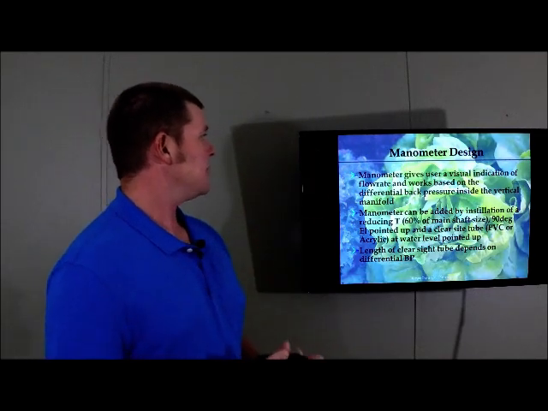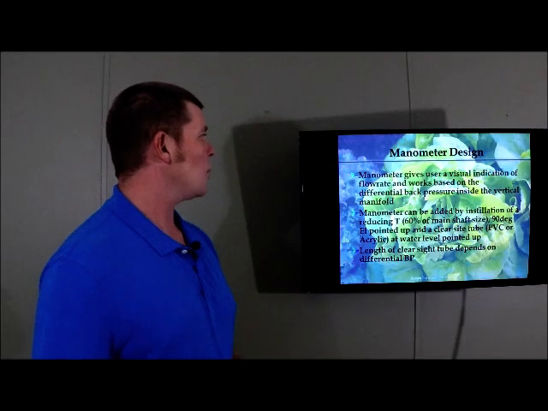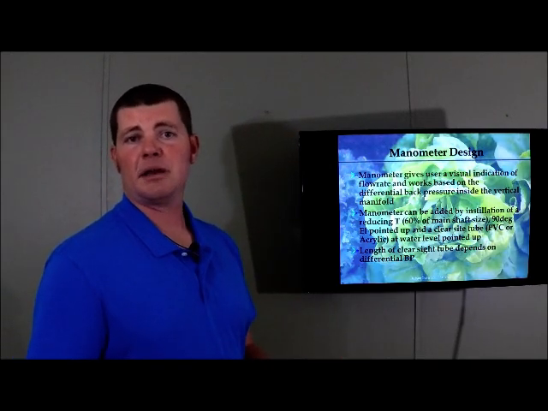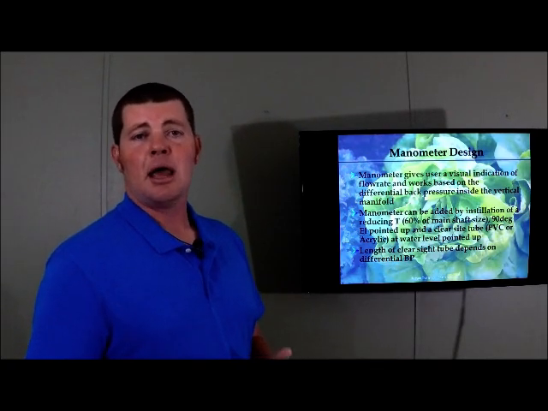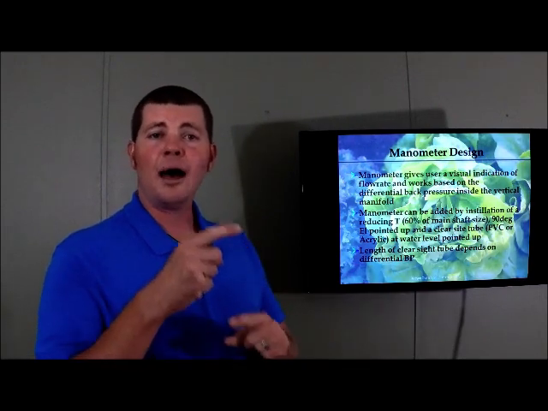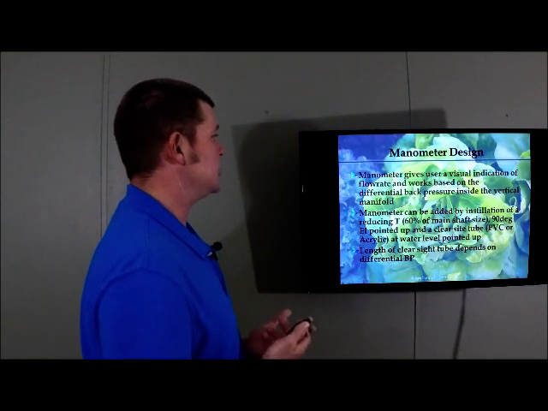Manometer design. Now the manometer gives us a visual indication of the flow rate and works based on the differential back pressure within the vertical manifold. So we actually have to create a little bit of back pressure. And by creating that back pressure, it allows water to flow up into this manometer and give us a visual representation.